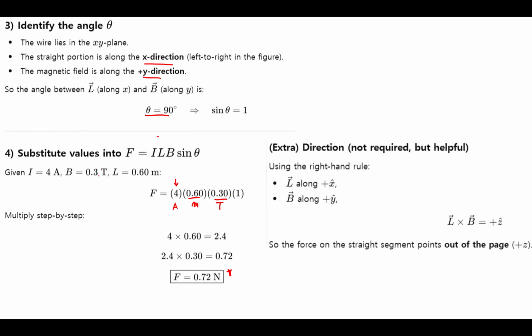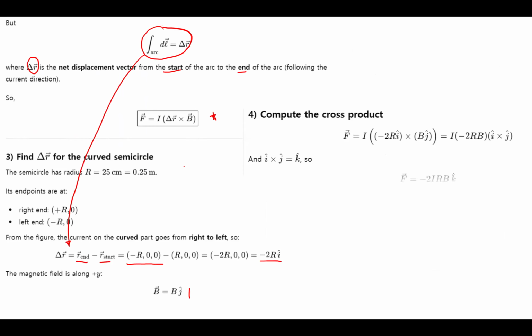But if you compare, it is ILB times sine theta, which is 1, for the straight part, but for the circular part it is 2 times ILB. So a factor of 2 comes in, because the whole length element contributes to the force.